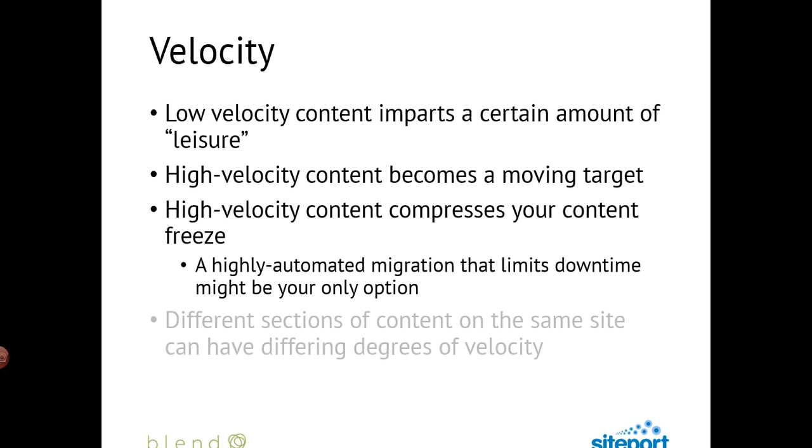We're going to talk about content freezes later, but high velocity content really compresses your content freeze. You have a problem being in a content freeze state where you can't let editors edit content on the source platform because they have high velocity changes they need to get in, and so your content freeze window compresses quite a bit. And in these cases, really the only option you're going to have is a highly automated option that limits your content freeze and limits your downtime.